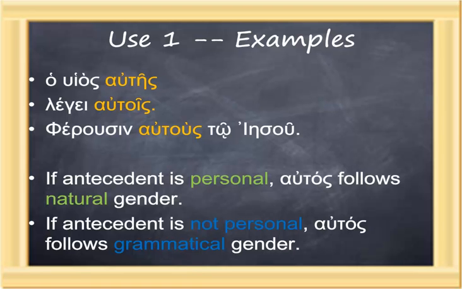So if the antecedent is Paulos, the form of autos that would be used would be autos. However, if the antecedent is not personal, we're referring to a generic child, to teknon, rather than ho Paulos, then autos follows grammatical gender, and we would use the neuter form, auto.